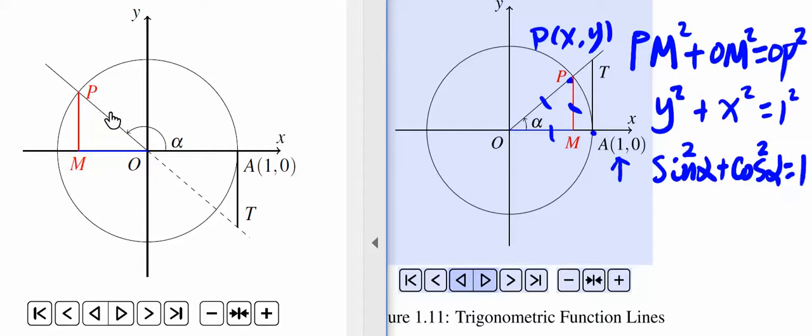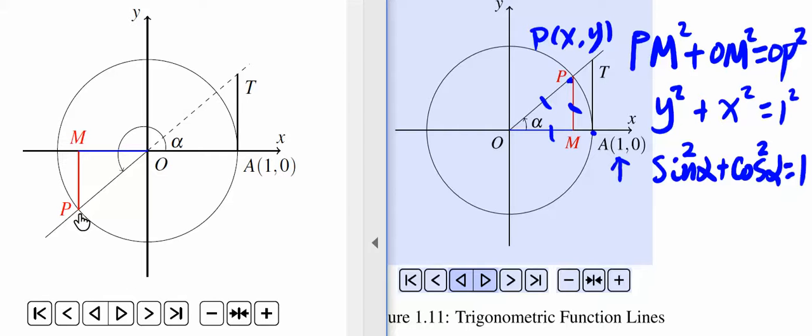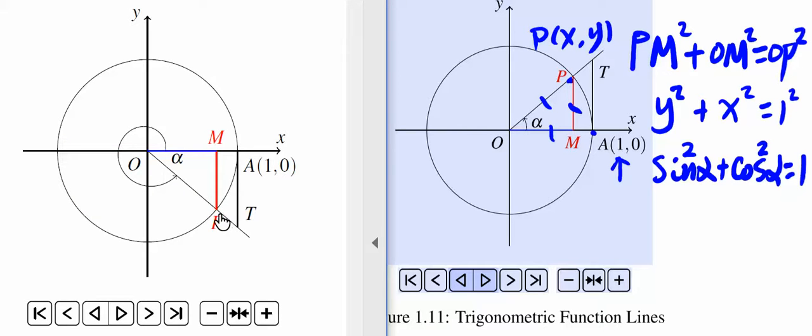OP is still the radius, PM, the y coordinate, is sine, and OM is cosine. The same holds in the third quadrant and the fourth quadrant. It is all correct when P is in a different quadrant.